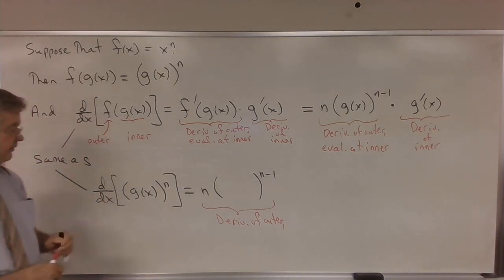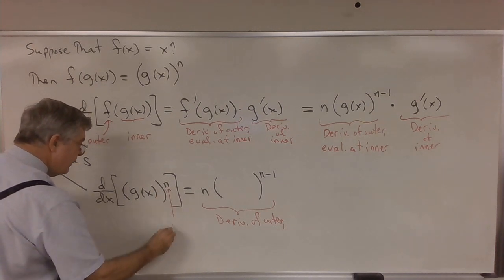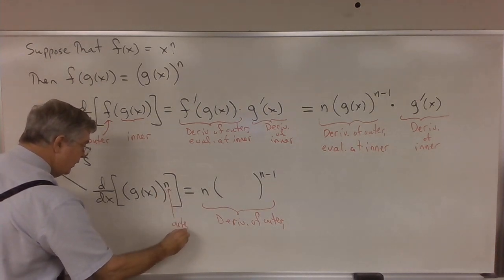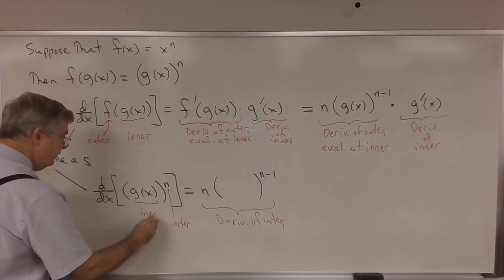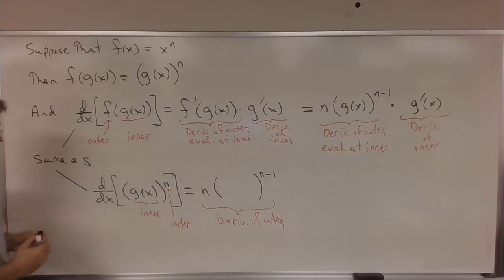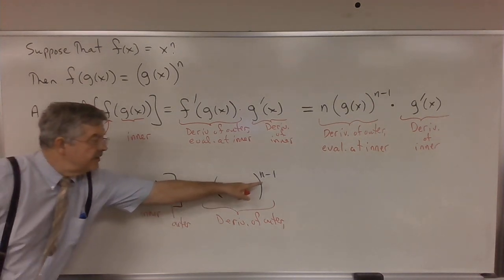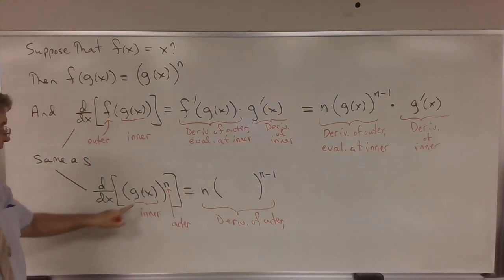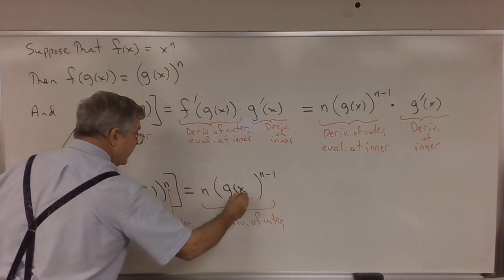The outer function is the raising of something to the nth power. So here's the outer. g of x is the inner. So we should get the derivative of the outer function, n something to the n minus 1, evaluated at the inner, g of x.